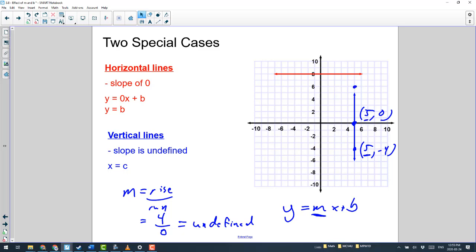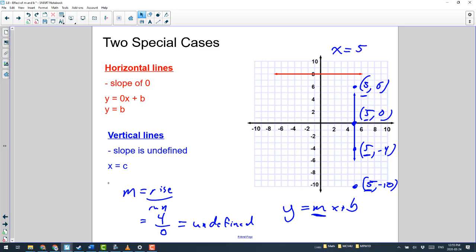Again, if I were to continue my line, this would have the point (5, 6). That has an x-coordinate of 5. Down here would have the coordinate (5, -10), but again, x-coordinate of 5. Anywhere on this line always has an x-coordinate of 5, so we'll just call this line x equals 5.